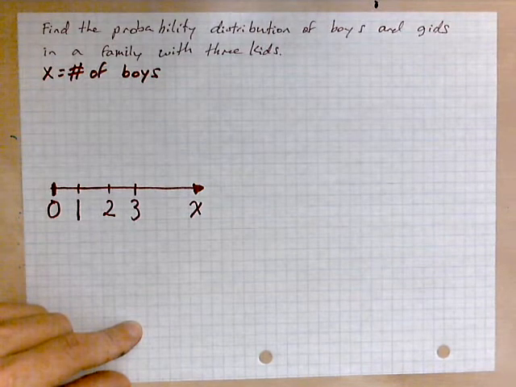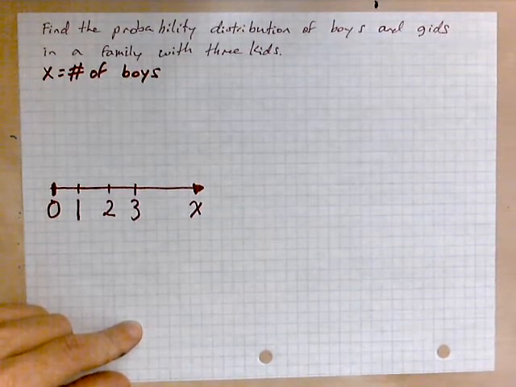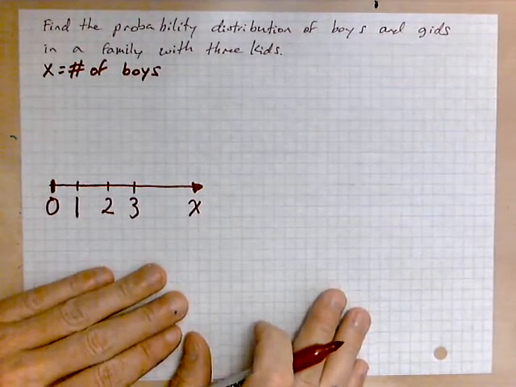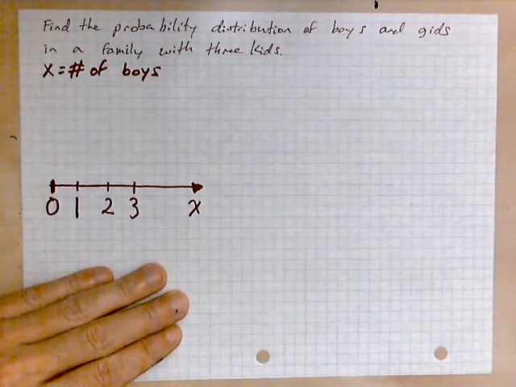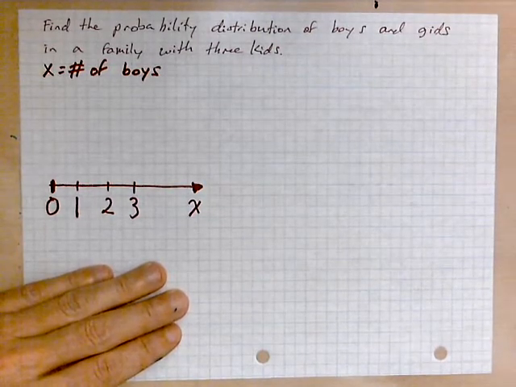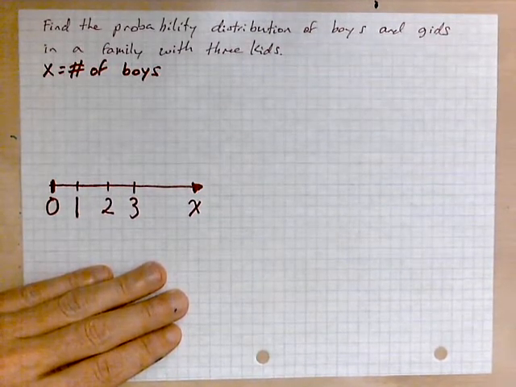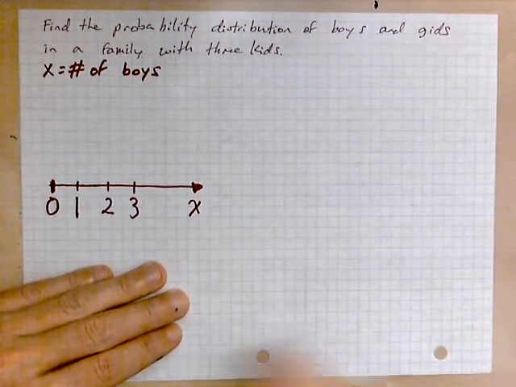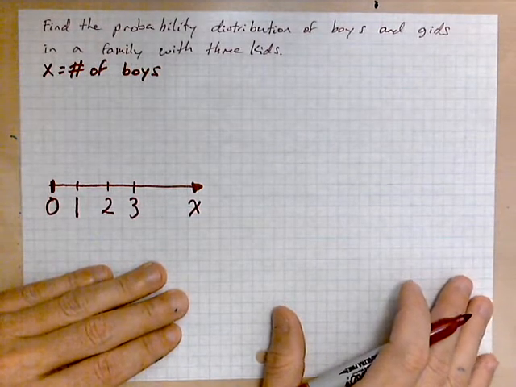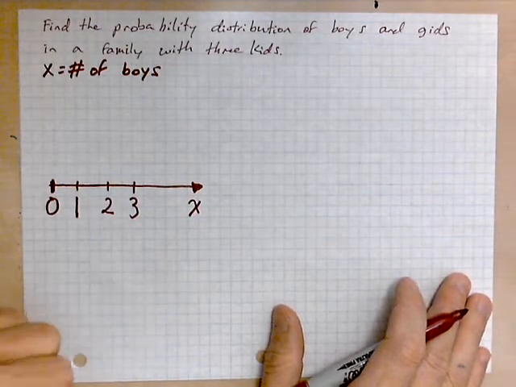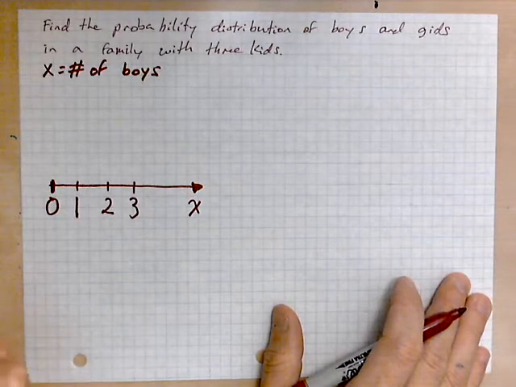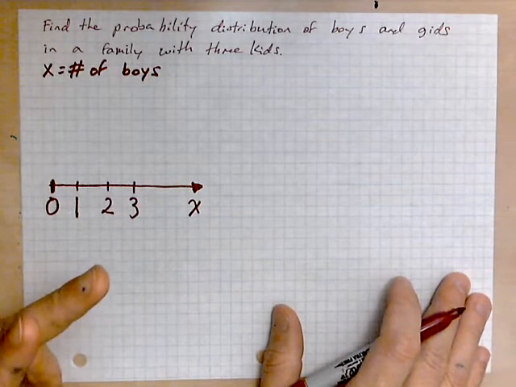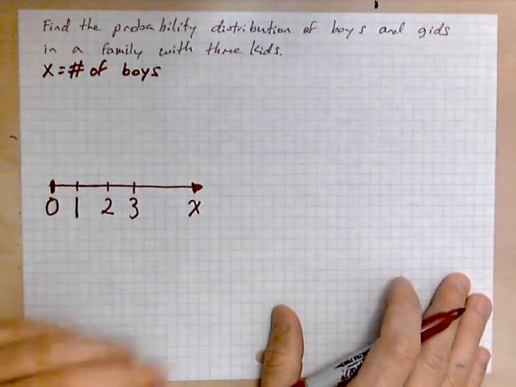So the probability function that goes with this is the binomial one. You either have a boy or a girl, the probability is the same per trial, and the total number of trials is known in advance to be 3, because at most we can have 3 kids here. Those are the fundamental assumptions of the binomial distribution: independence, a fixed number of trials, and a stable probability from trial to trial.